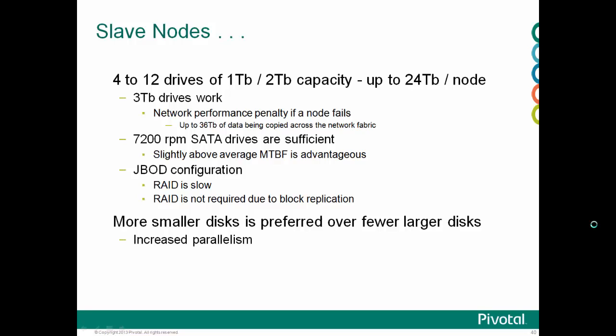RAID is slow, not necessary, not required, simply due to block replication. So just a JBOD configuration is more than sufficient. More smaller disks is preferred over a few larger disks. And the reason for that is, of course, increased parallelism.